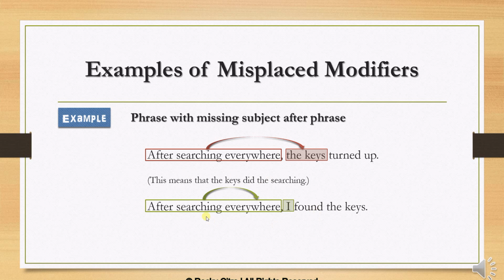Now we need a verb. After searching everywhere, I found the keys. You'll find that if you favor active voice over passive voice, you'll solve a lot of these problems without even having to try too much. We'll go over active and passive voice in another lesson, but if you want to search for that for some more information in the meantime, that would be fine.